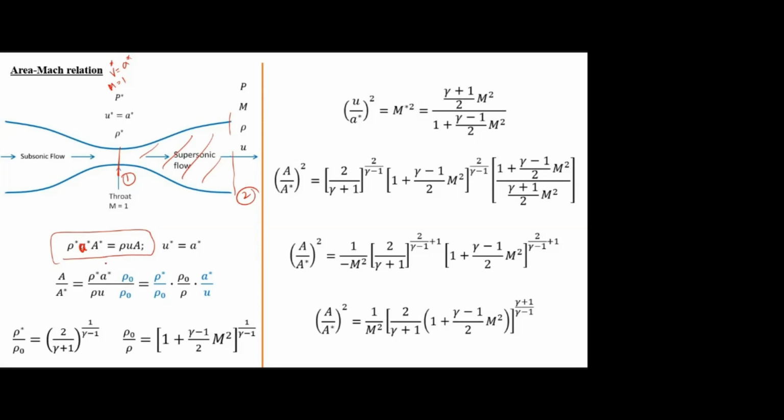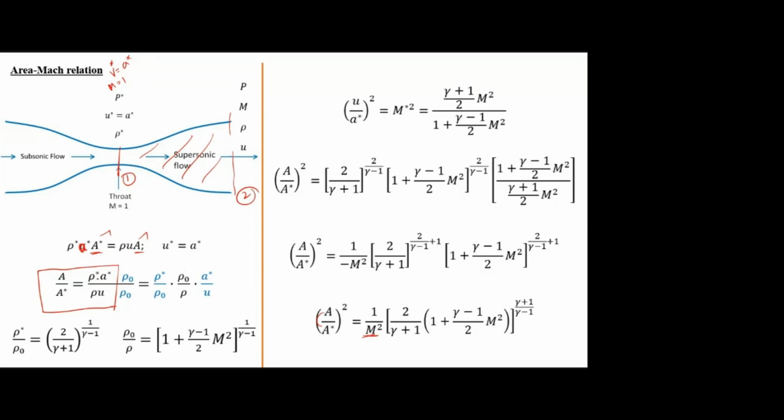Okay, then what I need is A by A star. From this equation I have A and A star. So take this A star here, the remaining terms here, you will get A by A star is equal to rho star a star divided by rho U. Is that clear? Yes, sir. Okay. Again, in the final equation, what I have is only the Mach number, no other parameters.